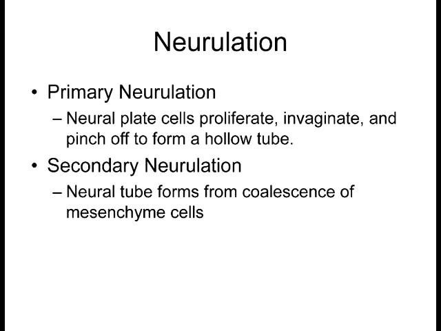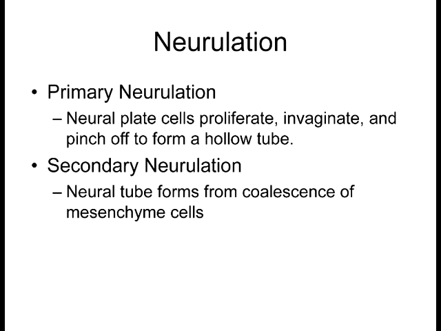All right. Now, there are two forms of neurulation. After you start gastrulation, and as the three germ layers start forming, the ectoderm will then split off into two main areas. It'll be the ectoderm that's going to become the skin, and then you'll start the formation of what we call the neural plate.